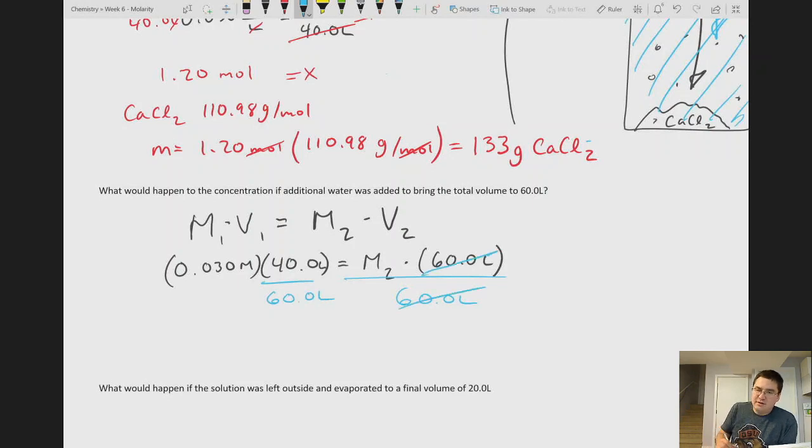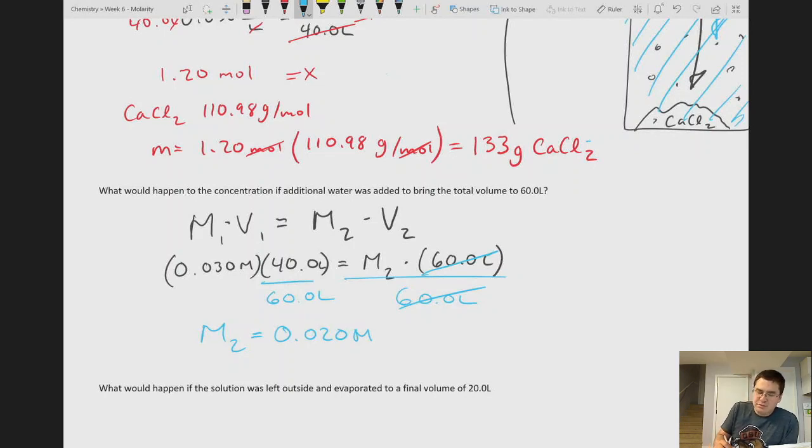Here they cancel. The new molarity would be, and you guys can look, 40 over 60 reduces to 2/3. So what I have to do is multiply 0.03 times 40 divided by 60, which is 2/3 of that, comes out to 0.02 moles per liter, or molar, is the new concentration.